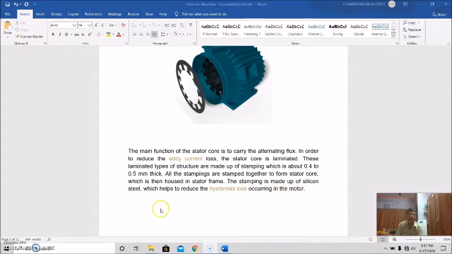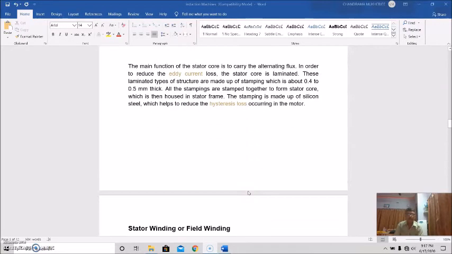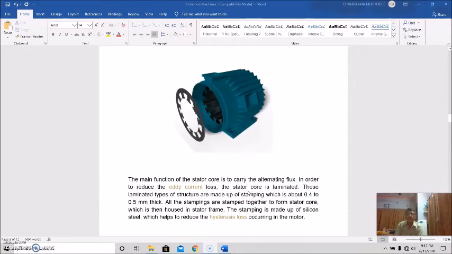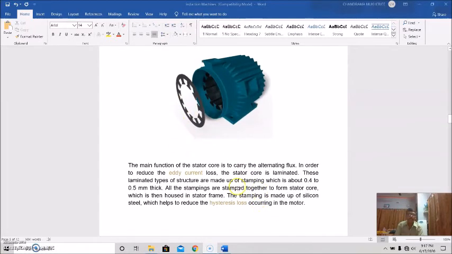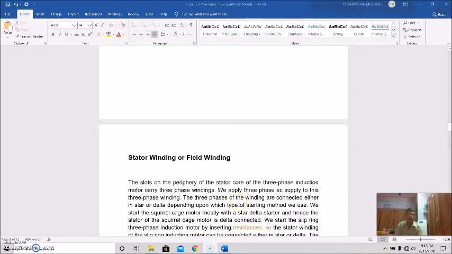Basically, silicon steel is used to reduce hysteresis loss occurring in the motor. So stator core is made up of stamping, and it is laminated for eddy current loss, and the core is made up of silicon steel to reduce hysteresis loss in the motor.